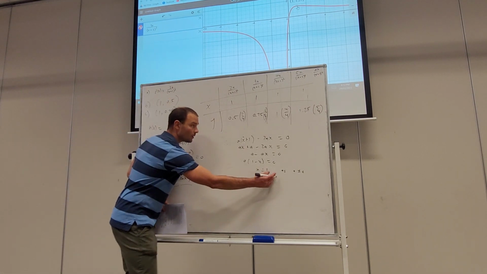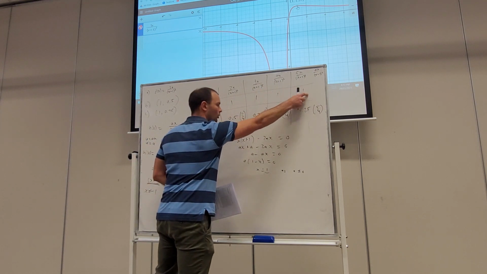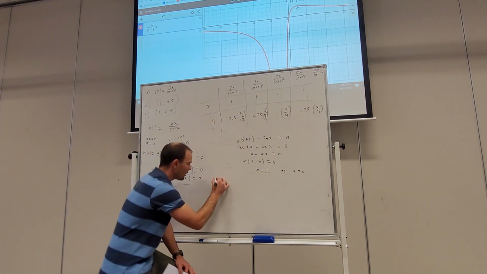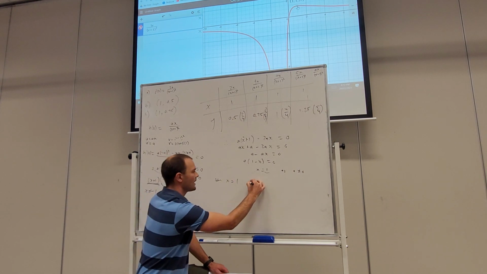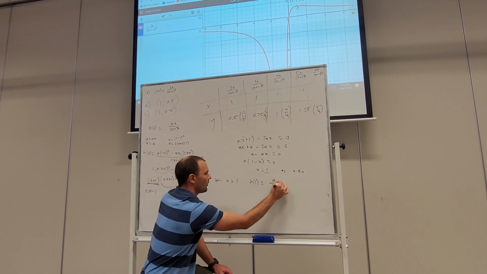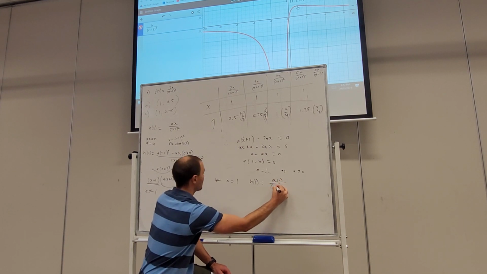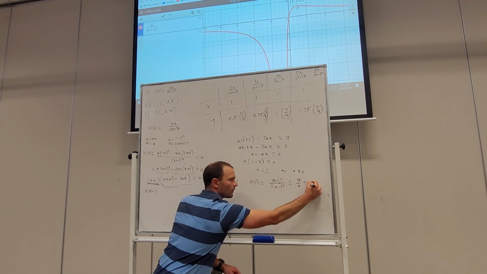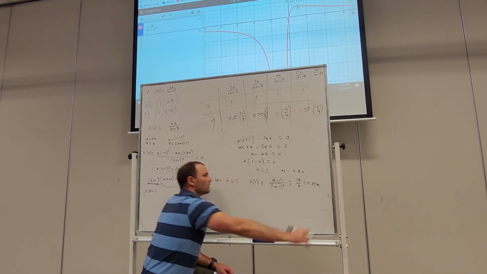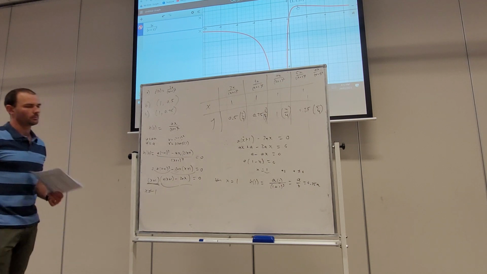Well, this is the x, that's what we expect. The x value is 1 for all of them. So when x is 1, and the function is h of x, h of 1 is going to be a on top of, a times 1 on top of 1 plus 1 squared, a on top of 4, or 0.25a. So the y value is 0.25.